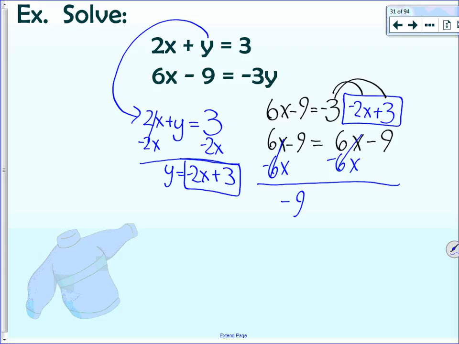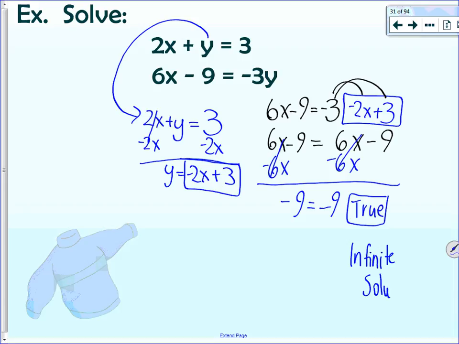So you get -9 equals -9. Now, is this a true or a false statement? True. This is true. So if you do all the things and you get a true statement, that means there are infinite solutions.